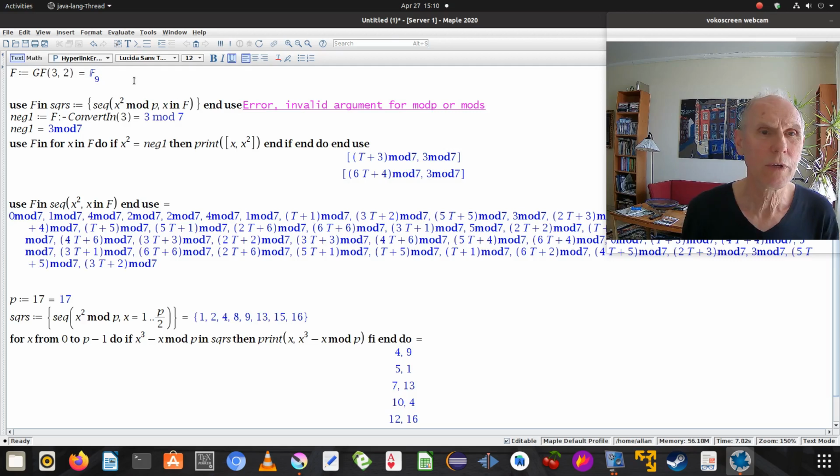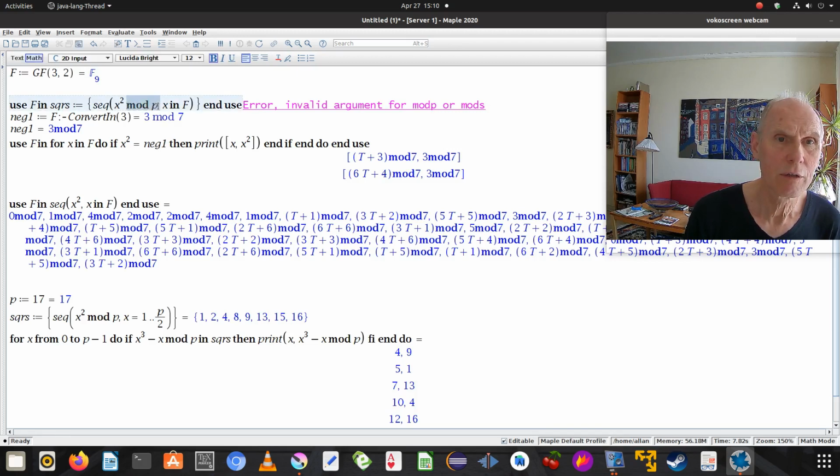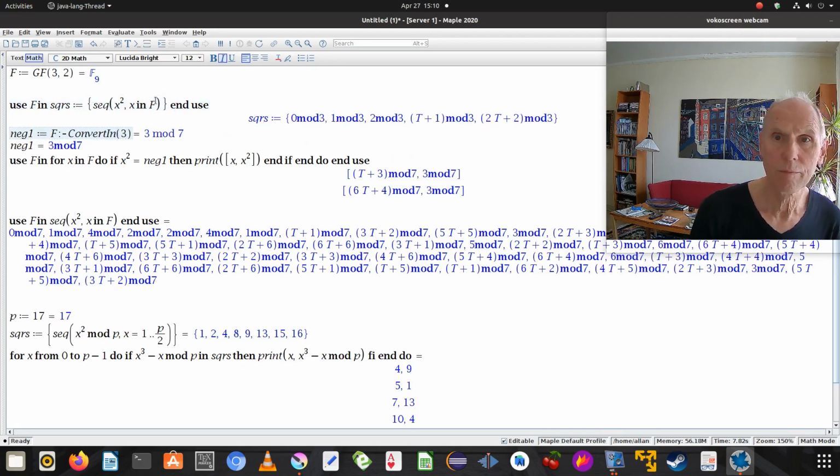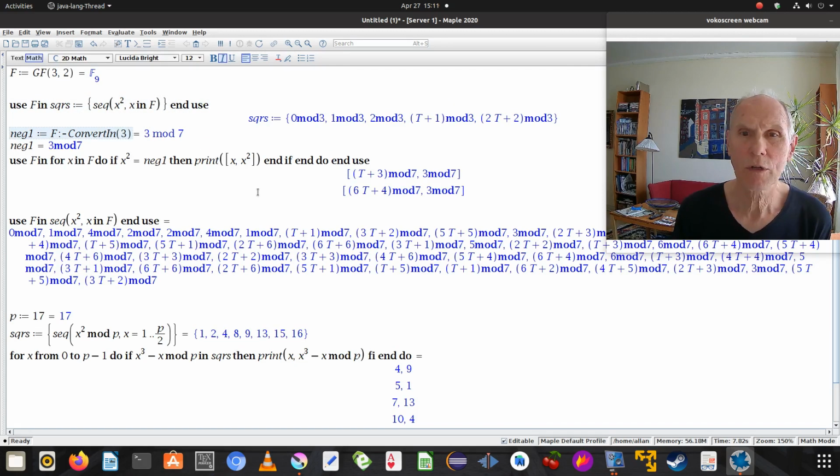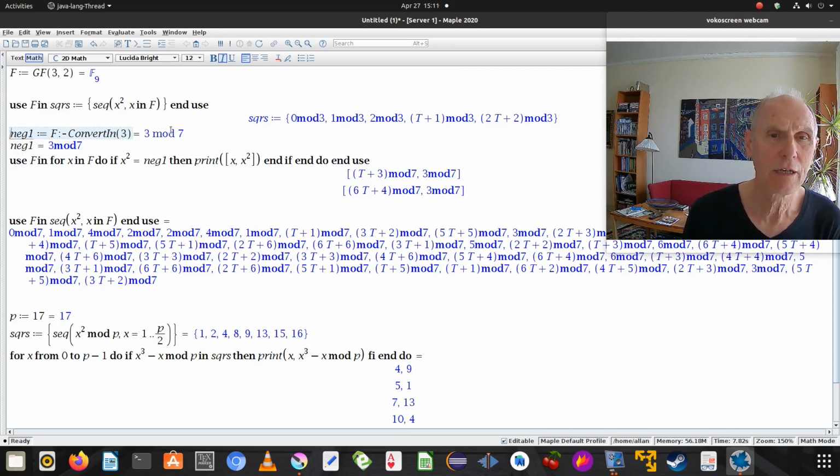What's wrong here? Use f in squares equals sequence of... Oh yes, that was silly. That wasn't many. 1, 2, 3, 4, 5 squares. That's of course what we must have. Silly me.